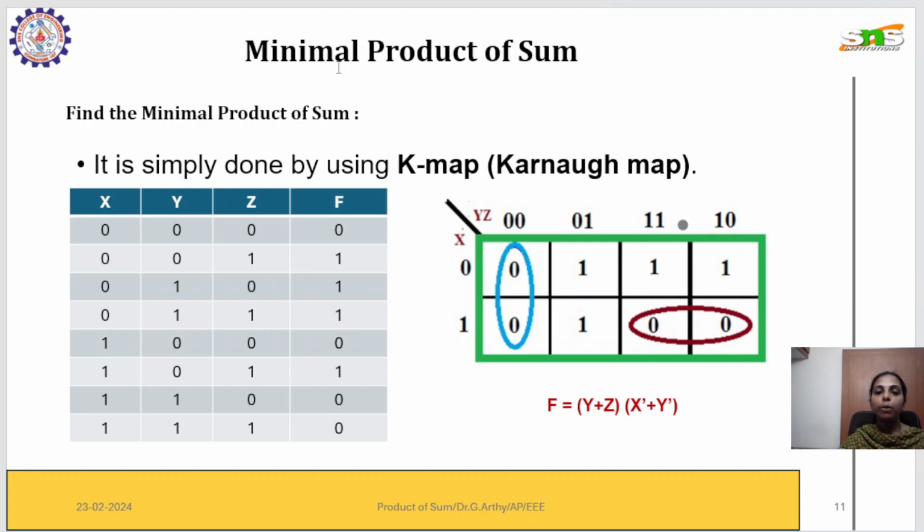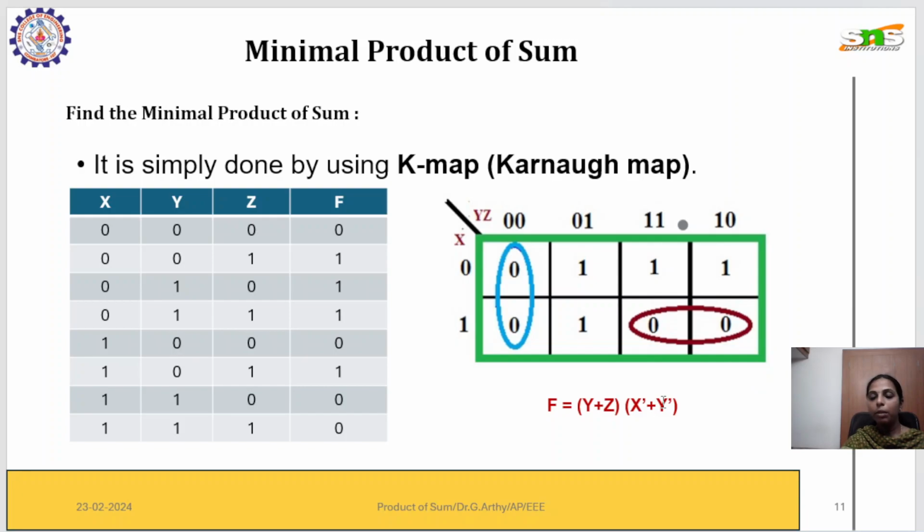After the non-canonical form, to reduce it further we use a K-map to find the minimal product of sum. In a K-map for SOP, we group ones. Here we group zeros and find the minimal expression.